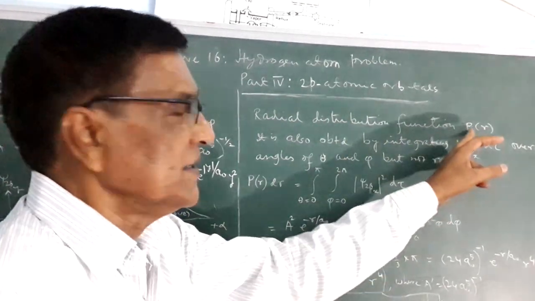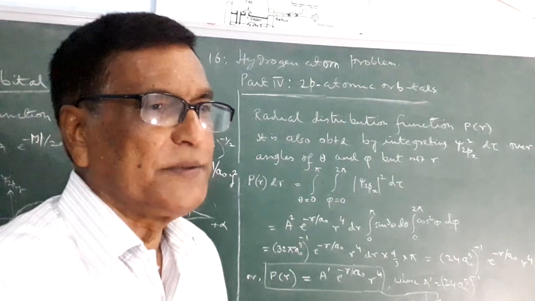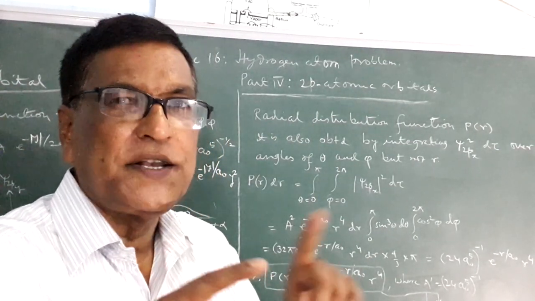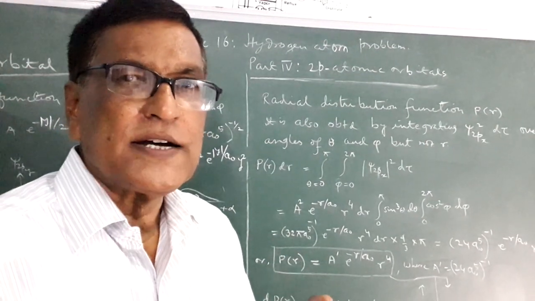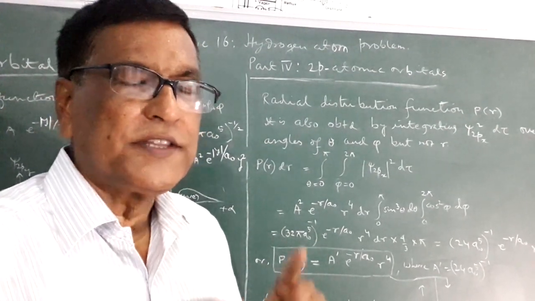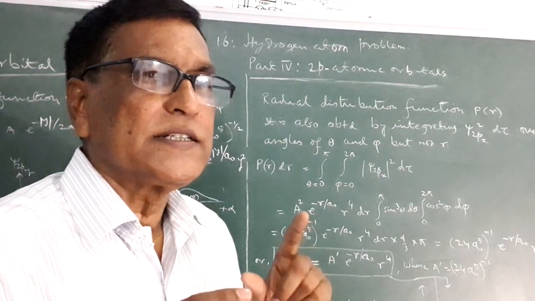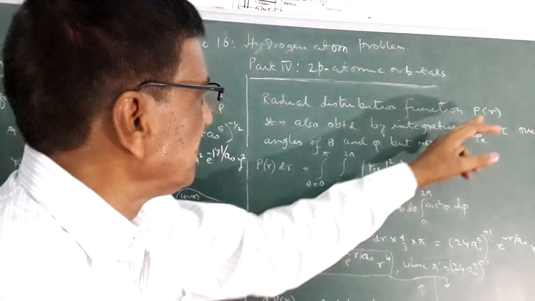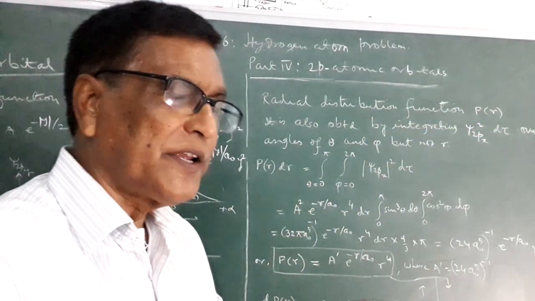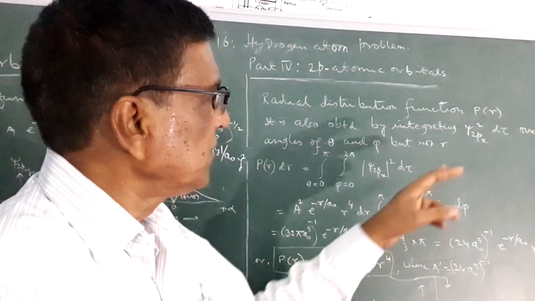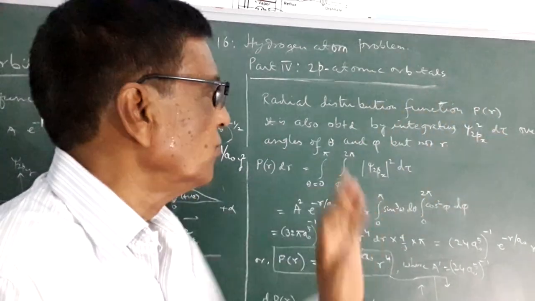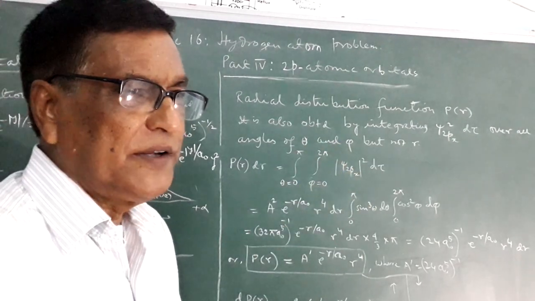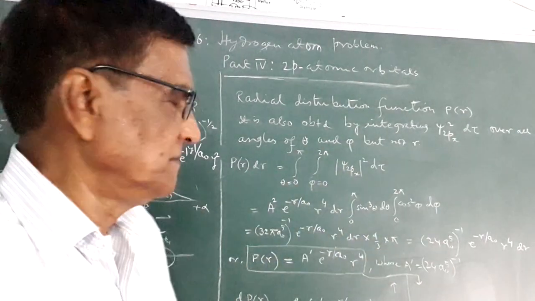P(r) dr is defined as the probability of finding the electron in a spherical shell of radius r and thickness dr. It is obtained by integrating psi 2px squared d tau over all the angles theta and phi, but not over r.